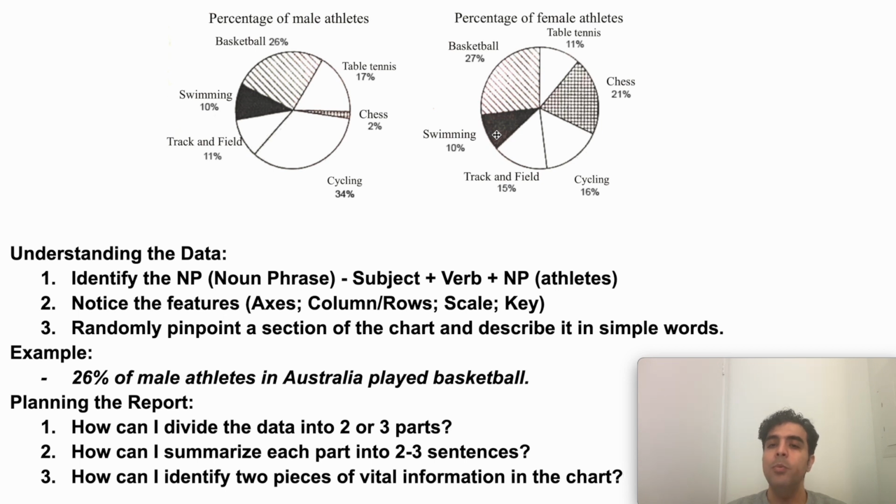So what do we see? What are the points of departure? That is stark contrasts that you can see in these pie charts. And what are the points of similarity? For me, the 10% swimming, which is equal among male and female athletes, stands out. This can serve as one meaningful comparison.